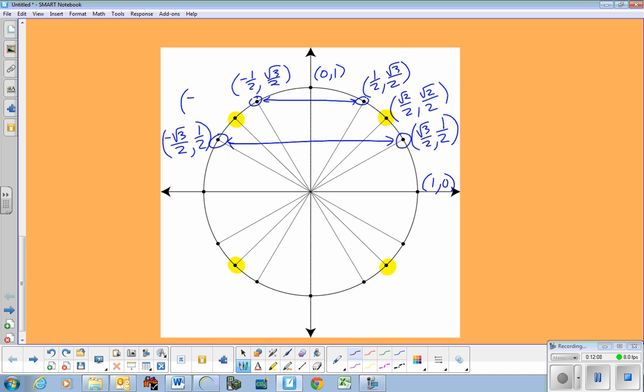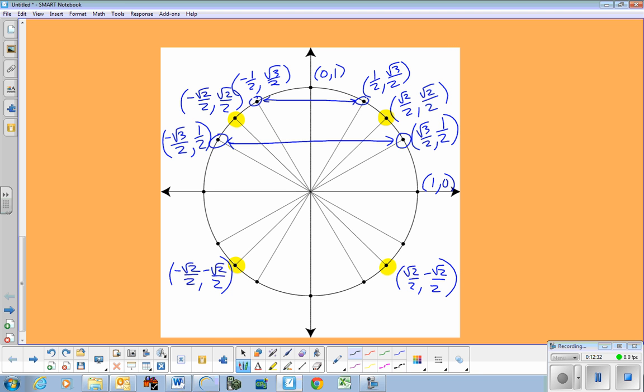So this is left negative square root of 2 over 2, up positive square root of 2 over 2. This one, they're both negative. Down here at 5 pi over 4, or let's see, 225. And then over here, it's positive, negative. So that's those middle spots.